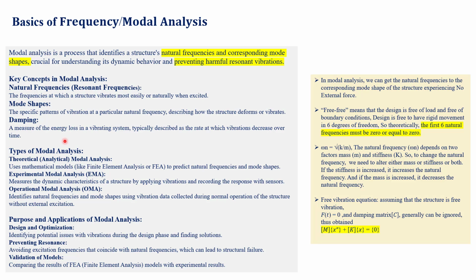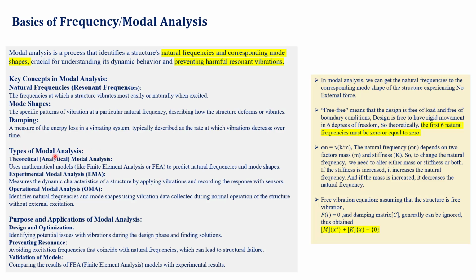Holding it, or the air around it, creates damping, or even wherever you hold it might cause damping. So a lot of damping factors are there that we need to consider. In short, it is the rate at which the vibration decreases over time.